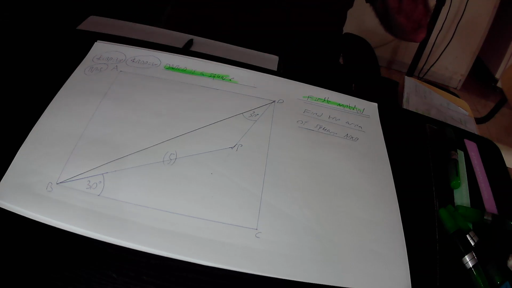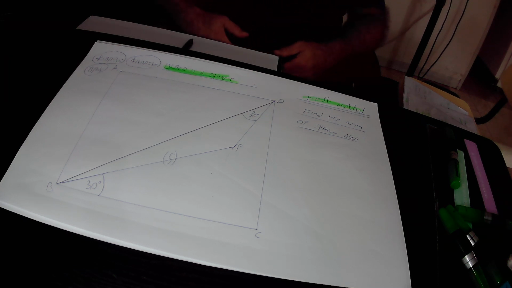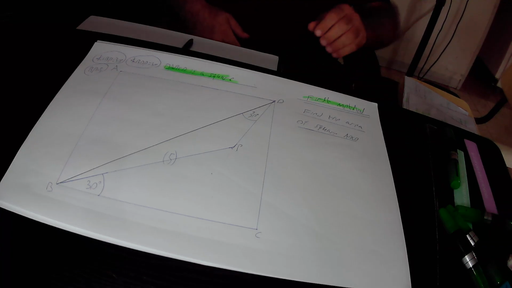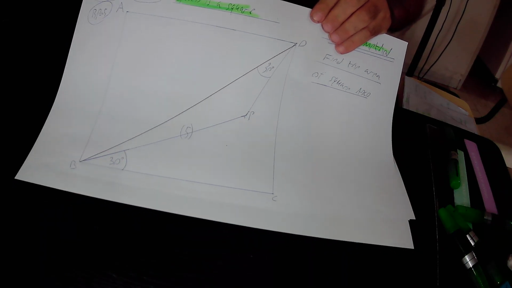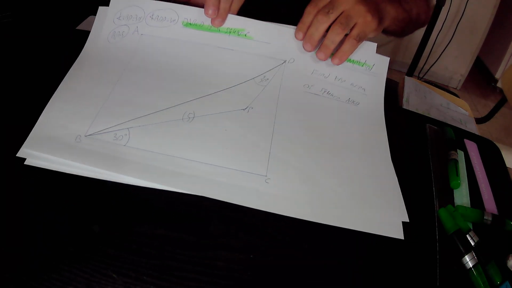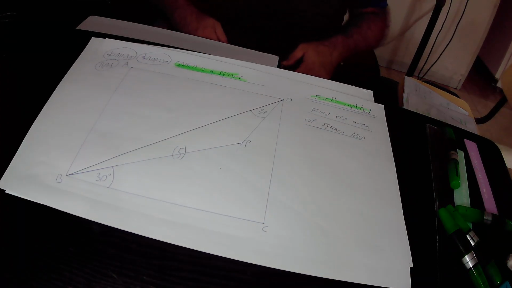So we'll start with the first method. We know that the diagonals of any square bisect the angles of the square. Again, the diagonals of any square bisect the angles of the square.